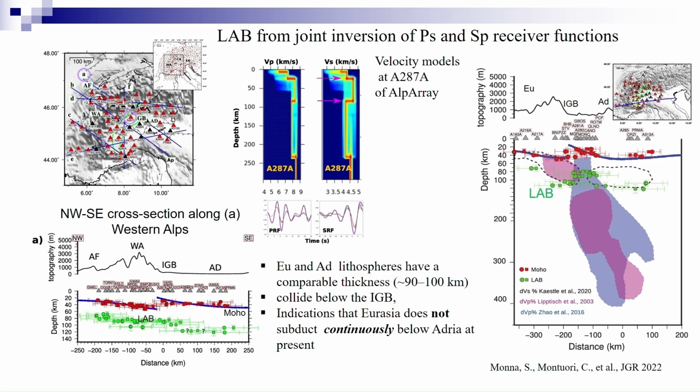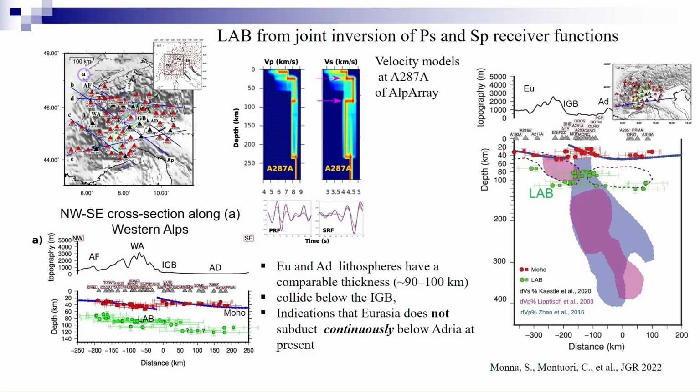We see that the European and Adriatic lithospheres have comparable thickness of 90 to 100 kilometers and collide below the Ivrea geophysical body. This might indicate that the European plate does not subduct continuously below Adria at present.